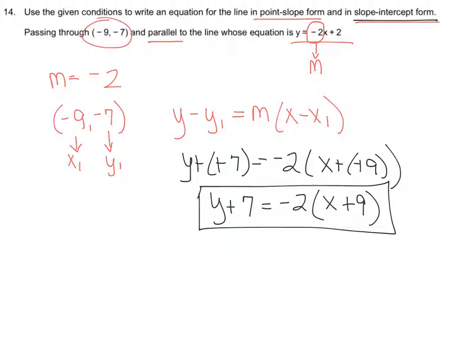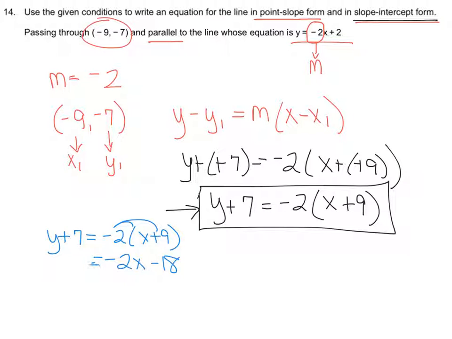Now I want to write the line in slope-intercept form. So I'm going to take the point-slope form and just solve for y. So I have y plus 7 equals -2 times x plus 9. I'm going to distribute the -2, so I get y plus 7 equals -2x minus 18.